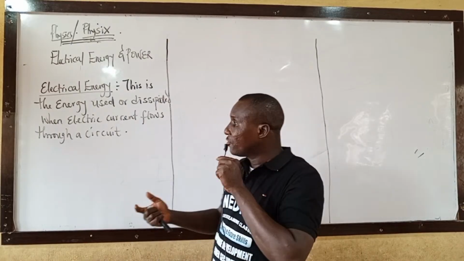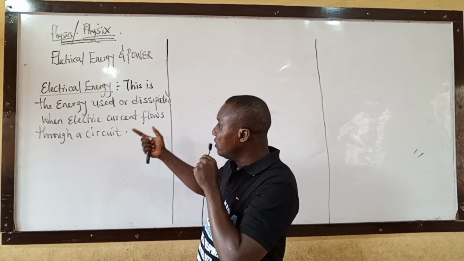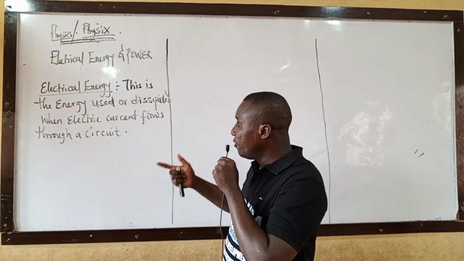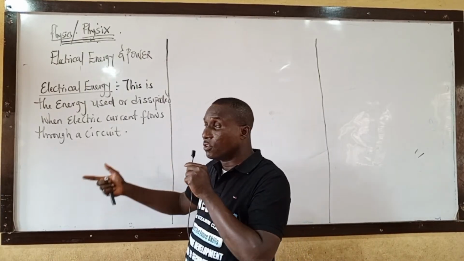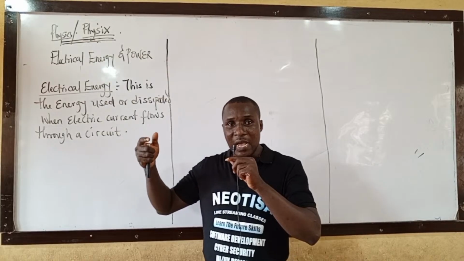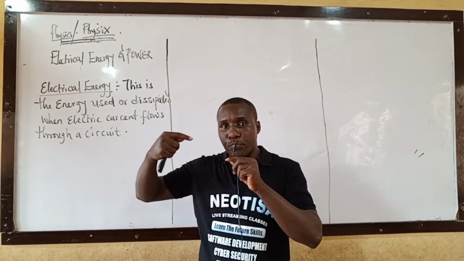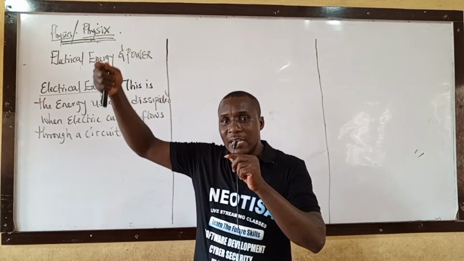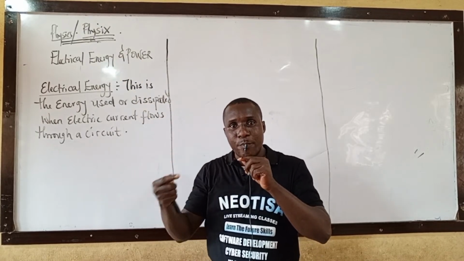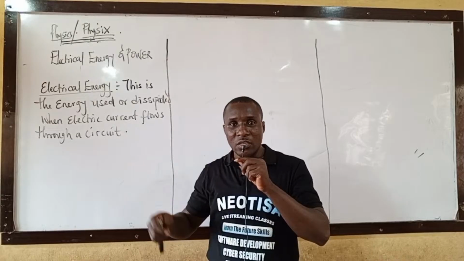That's why they say electrical energy is energy used or dissipated when electrical current flows through a circuit.